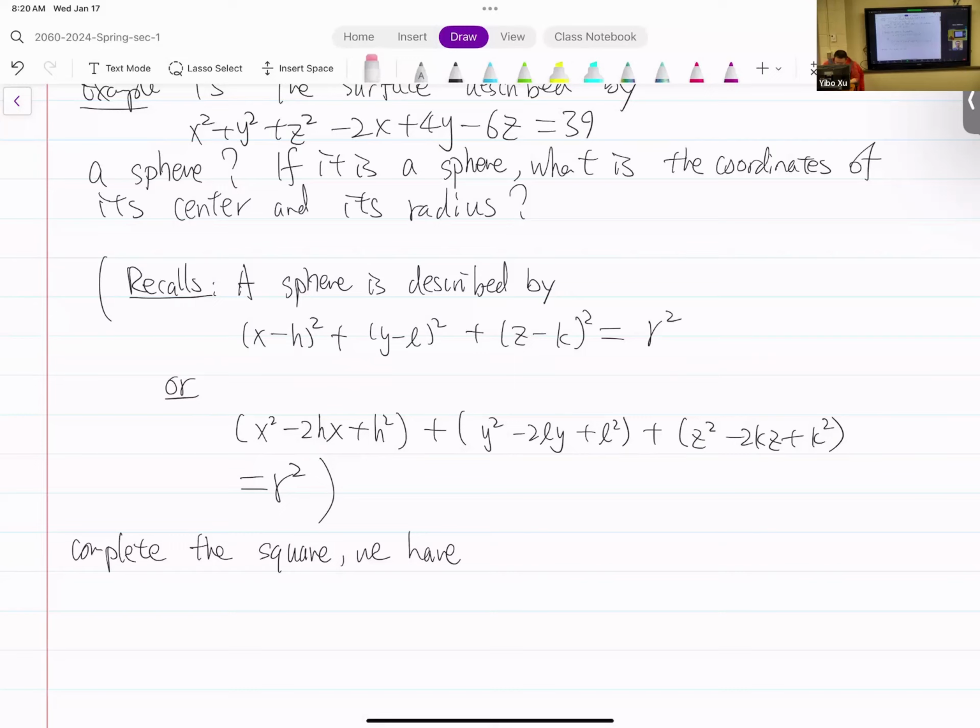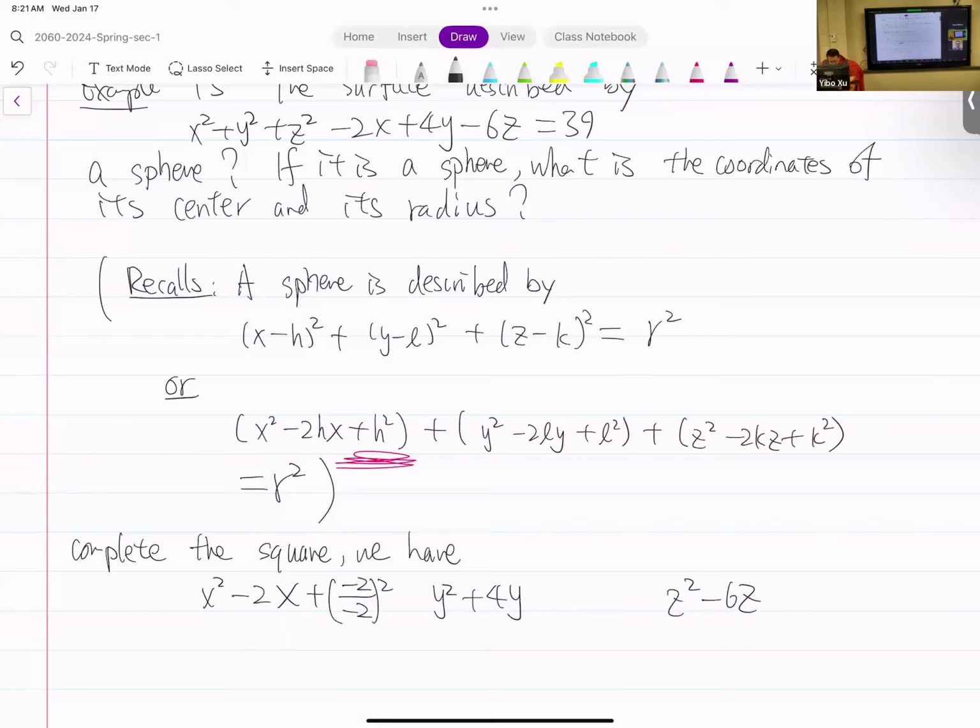So in the equation at the top, we have x squared minus 2x, so we put them together. We have y squared plus 4y, we put them together. And then we have z squared minus 6z, right? So we put the z's together also. Now, for the h part, we do a plus, because this h part we have a plus, right? So now what's h? The negative 2 in front of x, we divide by negative 2 in front of hx, right?